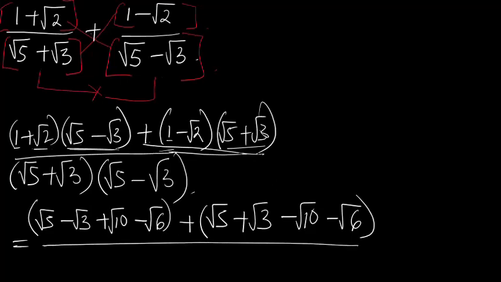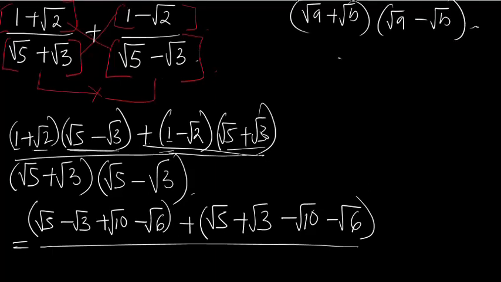So, divide by. When you look at the terms on the denominator, you notice that they are conjugates of each other. For conjugates, if you have an expression like square root of a plus square root of b times square root of a minus square root of b, if you want to open up this bracket, you just say square root of a squared minus square root of b squared.